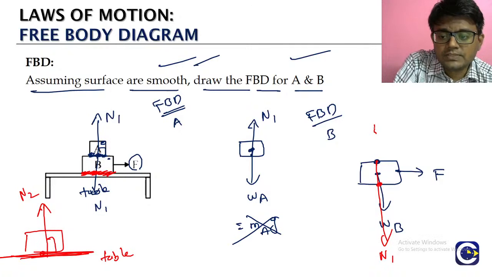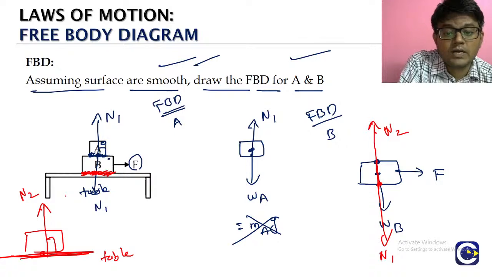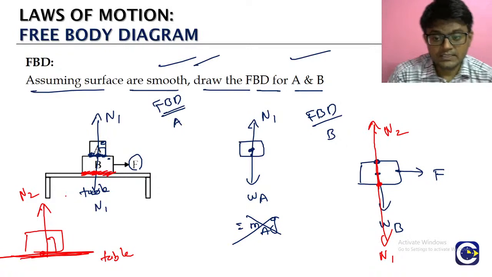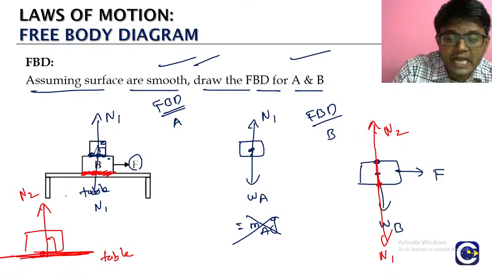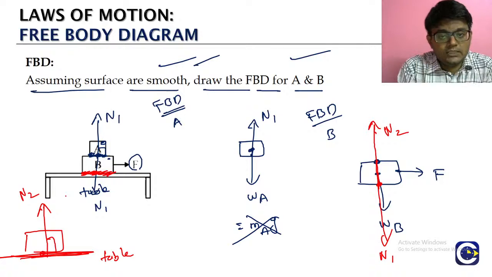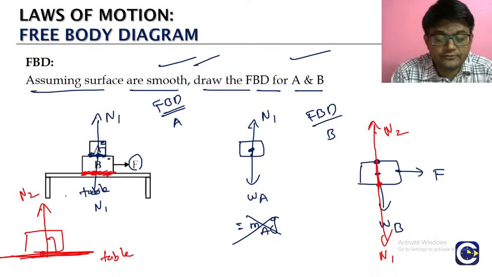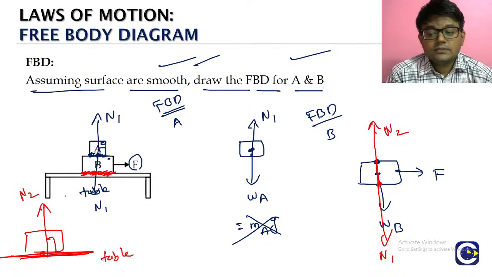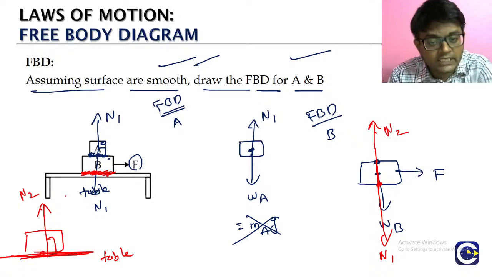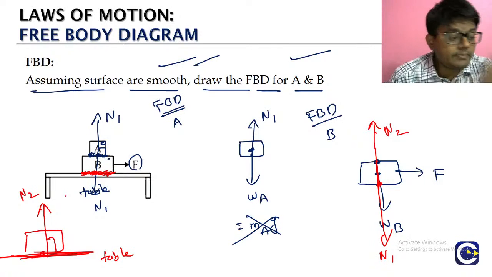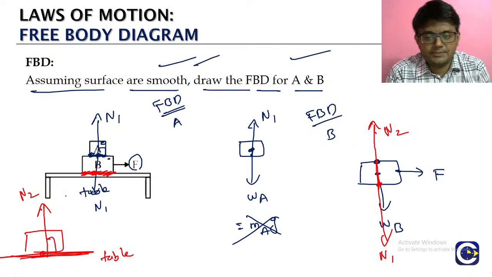Okay. So see how it is going to be in this particular representation. It will be coming vertically up. Is there any other force? No other force, right? So to the right, horizontally, there is a force F. Then on the vertical line there is the weight of block B and normal reaction N1, both acting vertically down, and normal reaction N2 acting vertically up.